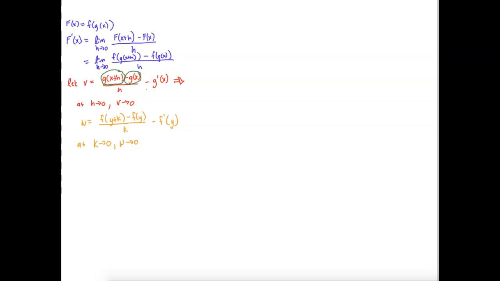And at that point, I will have isolated g of x plus h. And so what that'll come out to, I'm just going to do it all in one step, is that g of x plus h equals g of x plus the quantity g prime of x plus v times h.